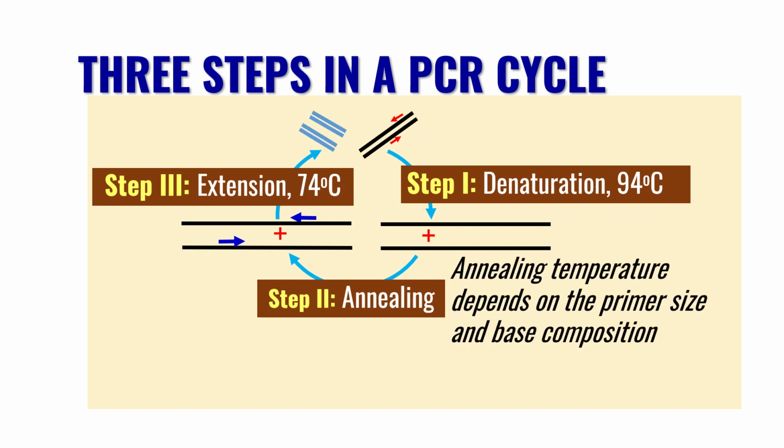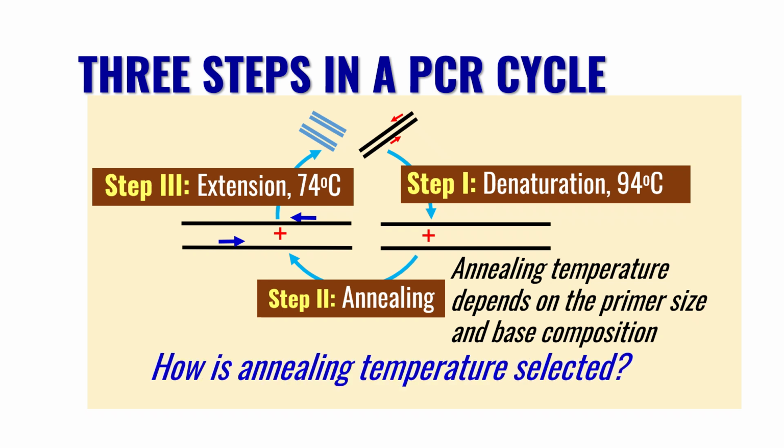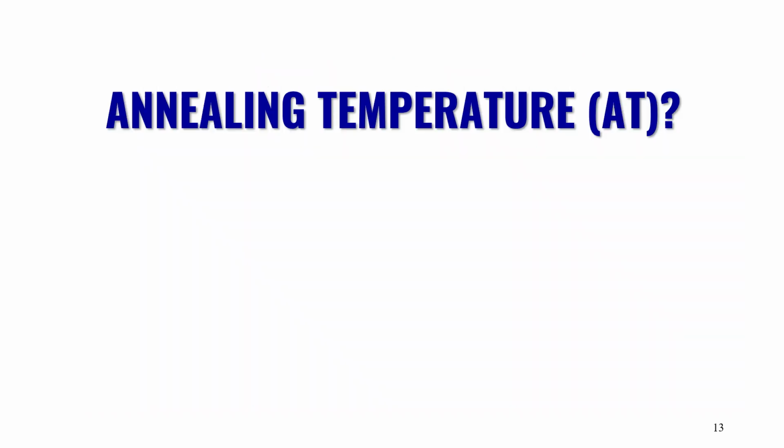So basically annealing temperature is very important, and it depends on the primer size and base composition. The question is how annealing temperature is selected. So how to calculate annealing temperature for a given primer?